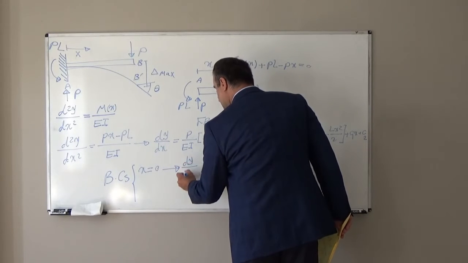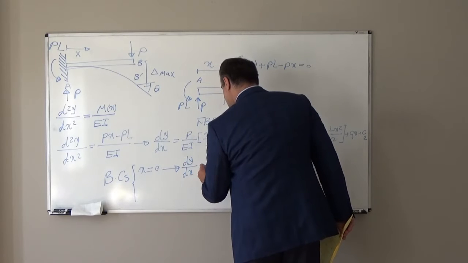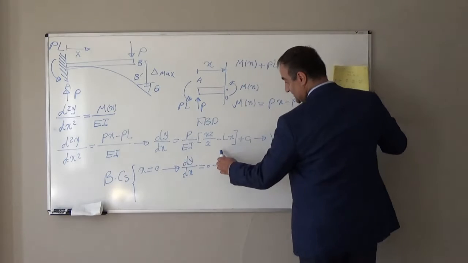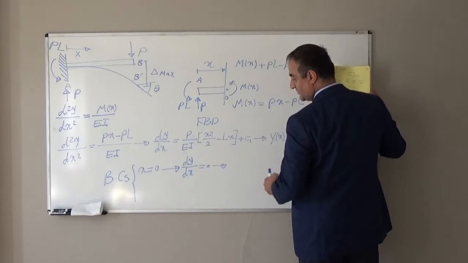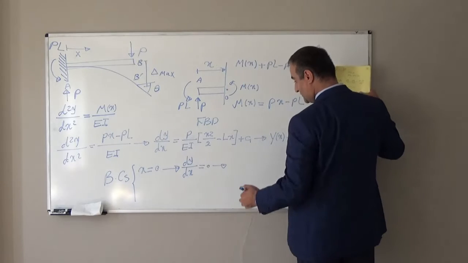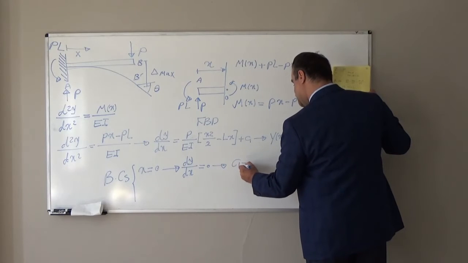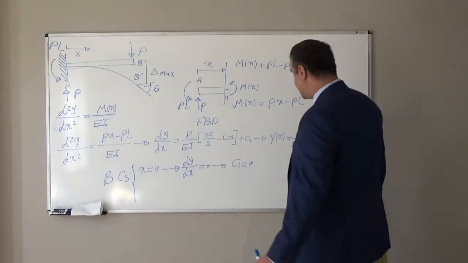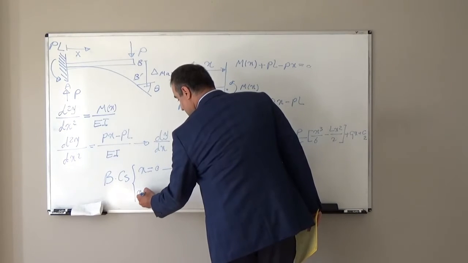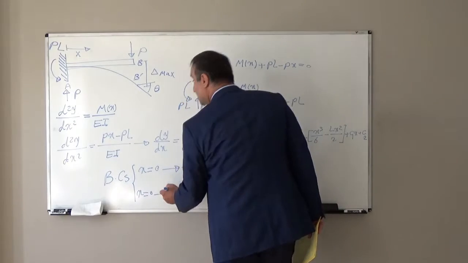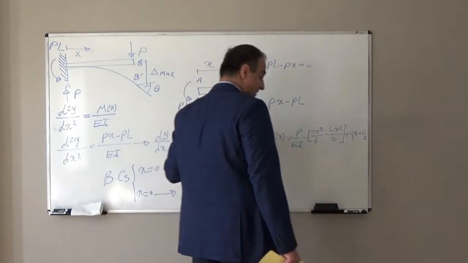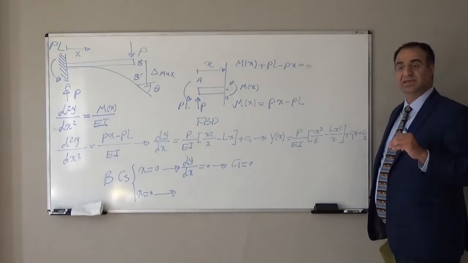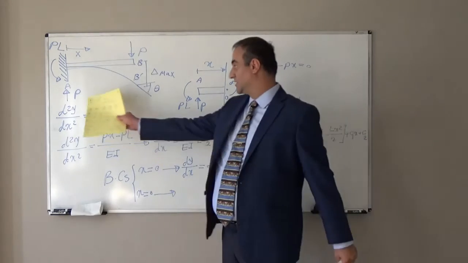So dy over dx is equal to 0. From here, if in this equation I put x equal to 0 and dy over dx equal to 0, I will end up with c1 equal to 0. At x equal to 0, again at point A, the deformation or deflection is equal to 0 because the beam cannot deform because of this reaction.